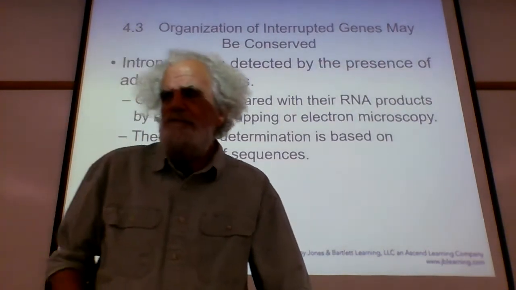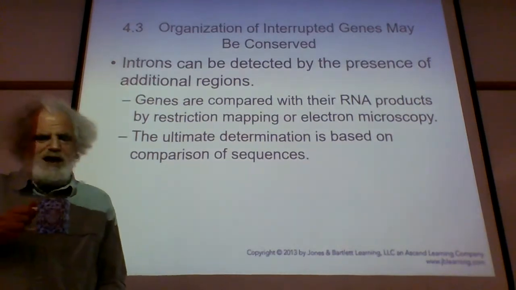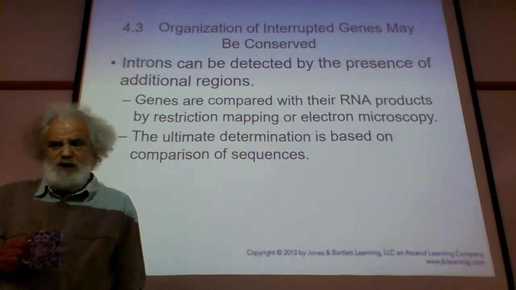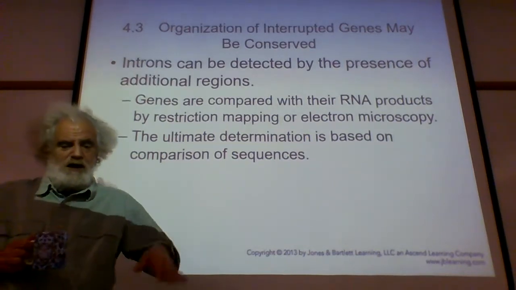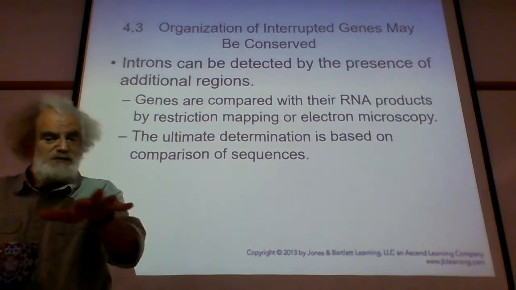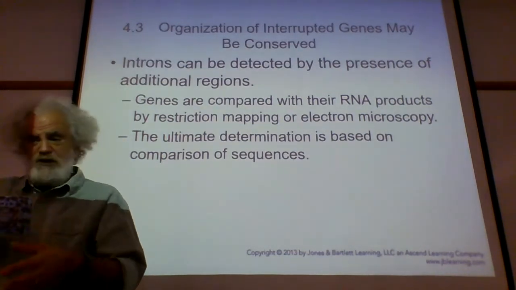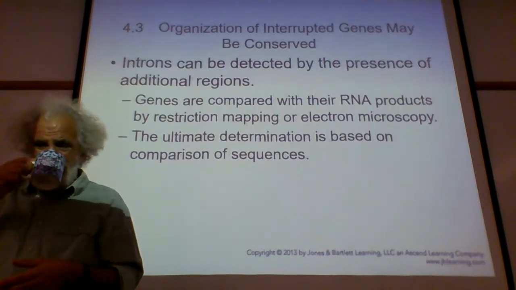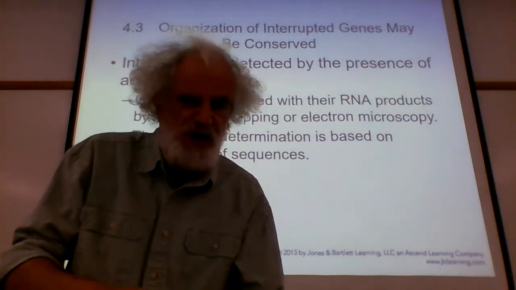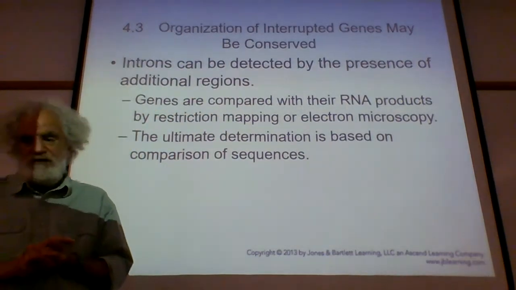Now, the interesting thing we should start thinking about with genomes is that very often within a gene, looking at it in a variety of different species, the organization is preserved. So the exon-intron organization of genes is often very well preserved.